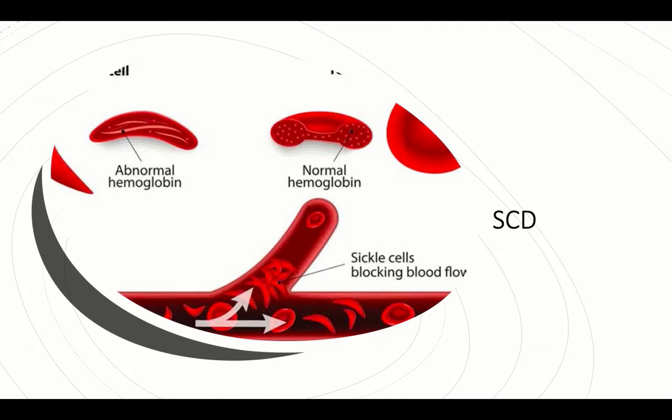Then the second disorder of chronic hemolysis due to hemoglobinopathy is sickle cell disease. In sickle cell disease, we have a qualitative abnormality in the hemoglobin molecule, where we have abnormal hemoglobin, rather than a quantitative reduction in synthesis of the globin chains.